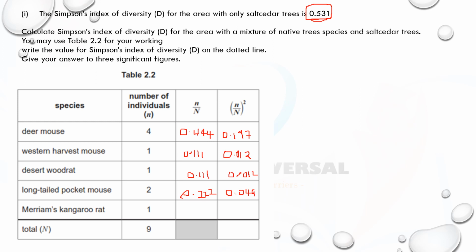And the last one, the same thing. We have 0.111, which will give us 0.012. That is it, guys.